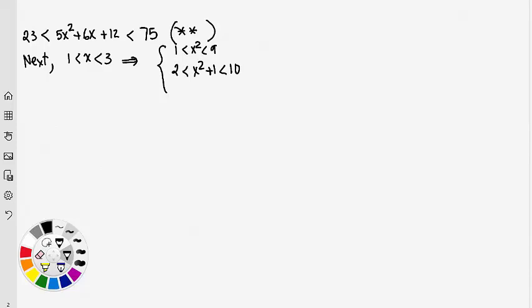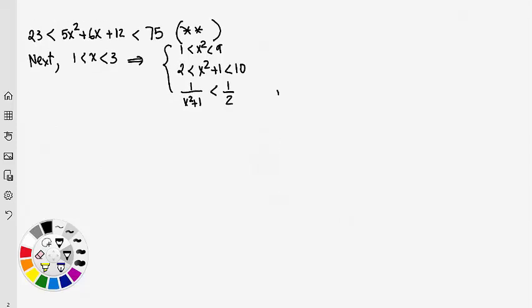Now taking the reciprocal of this essentially gives us 1 over (x squared plus 1) is less than 1/2. I'll call this one double star prime.